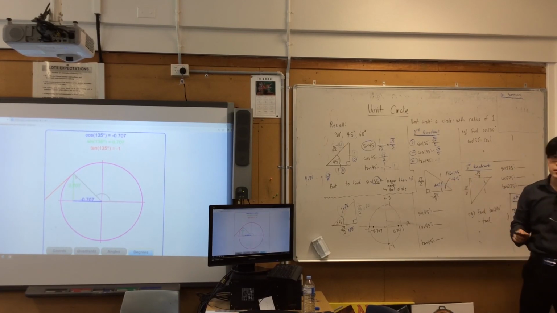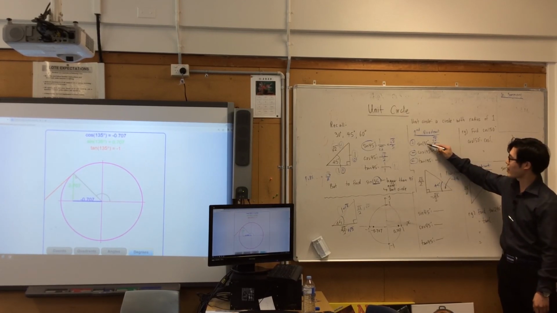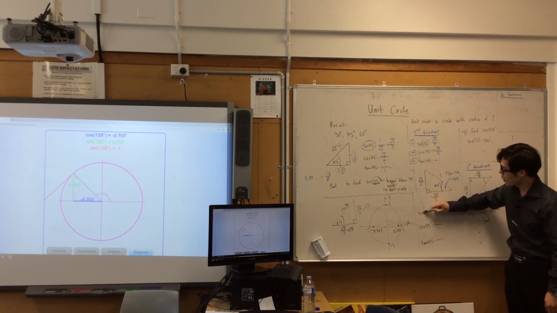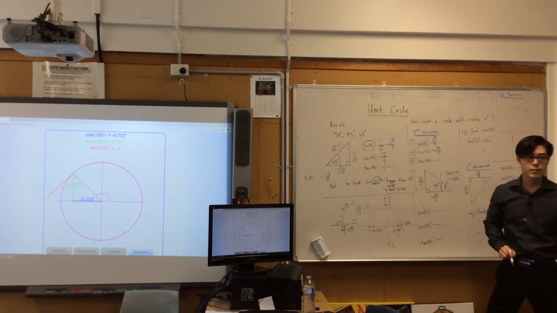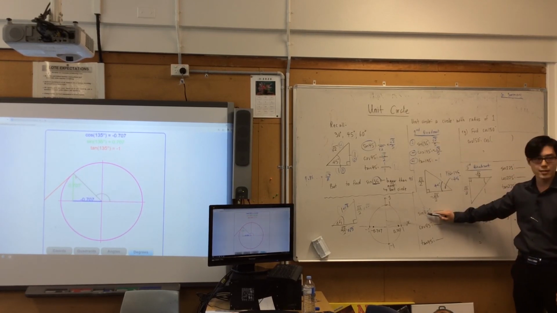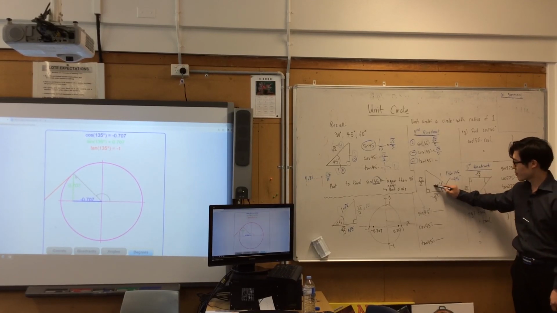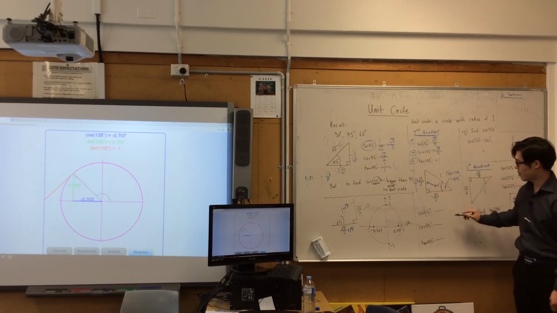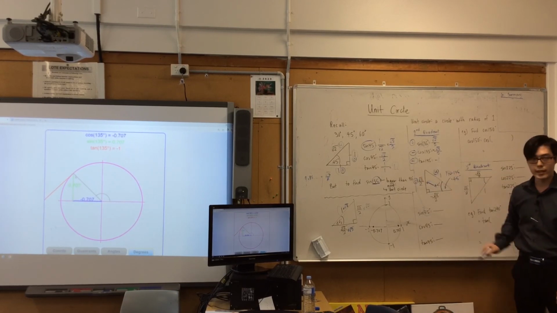What I'm trying to say is, when you're calculating an angle bigger than 90, you're basically just changing the angle back to one of the exact angles that we looked at before. So sine 135 is basically the same thing as sine 45. In this case, what is sine 45? Opposite over hypotenuse, yeah, sine.